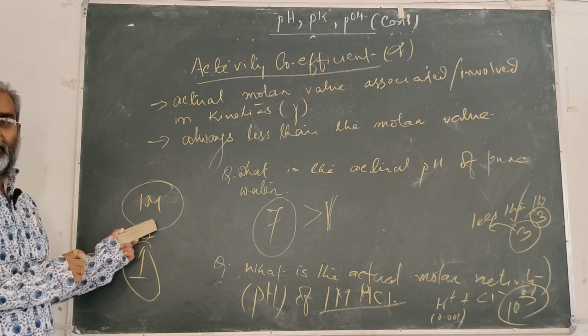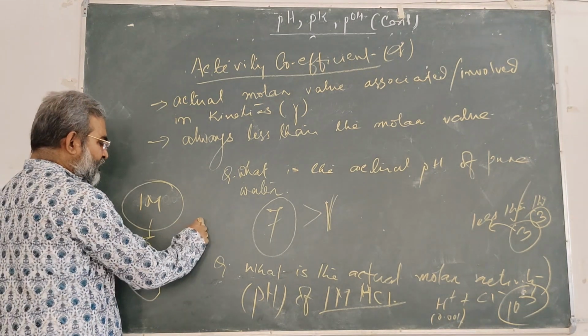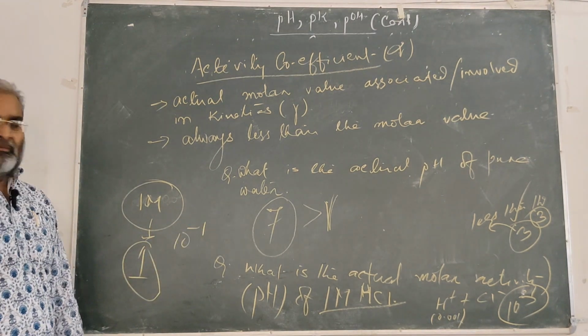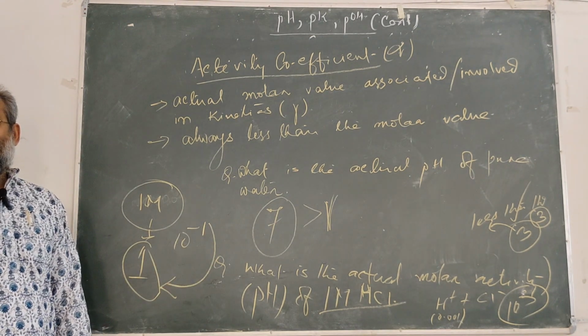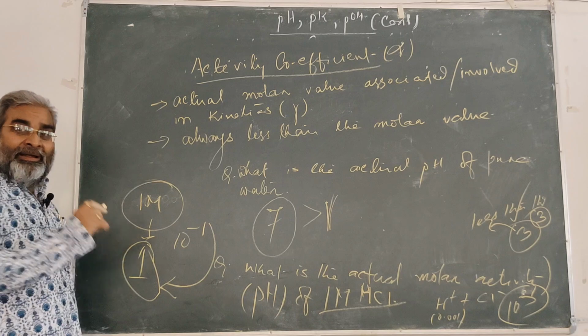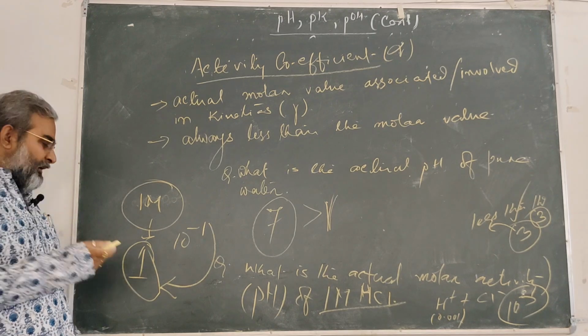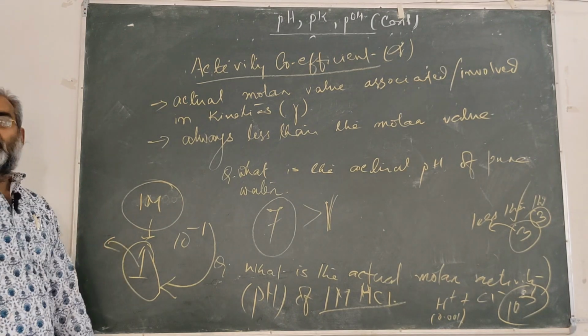If it is the 1m, that is 10 minus 1. That is the pH value is 1. Then in choice, one choice जरूर आपका होगा जिसका वैल्यू 1 से कम होगा.